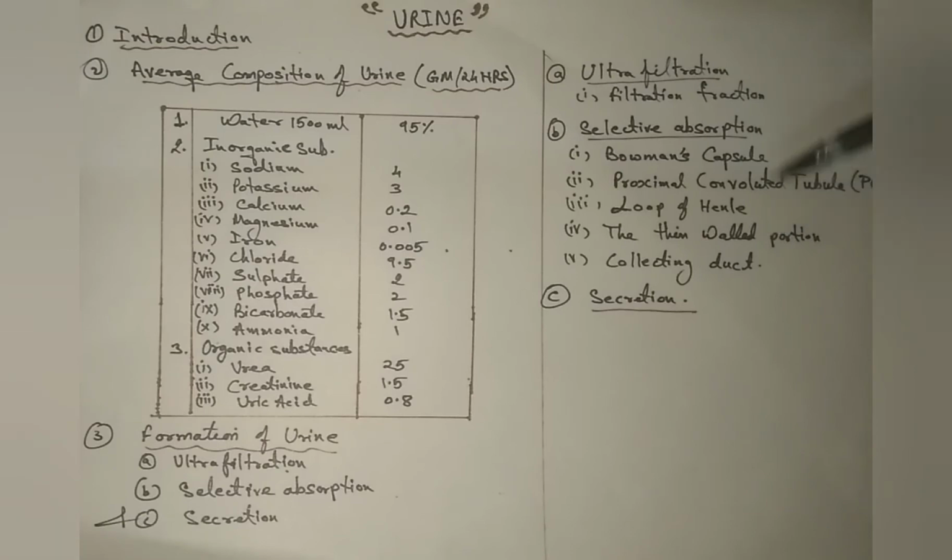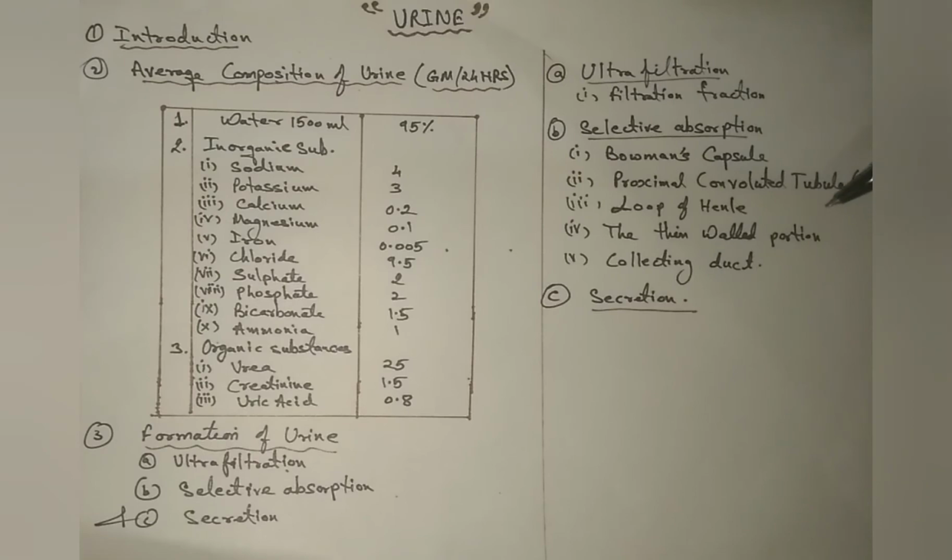As a result of this much difference in hydrostatic pressure, about 1/5 of blood plasma, 20%, comes to Bowman's capsule by filtration. Along with blood plasma, all the substances which are dissolved in blood also reach the Bowman's capsule. This type of filtration which takes place under pressure is called ultrafiltration.